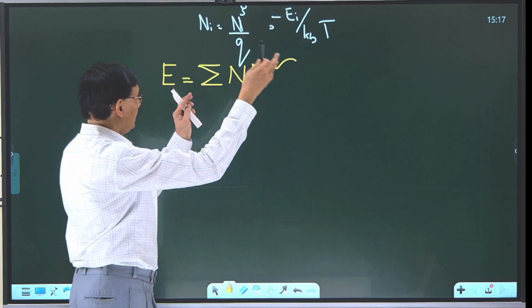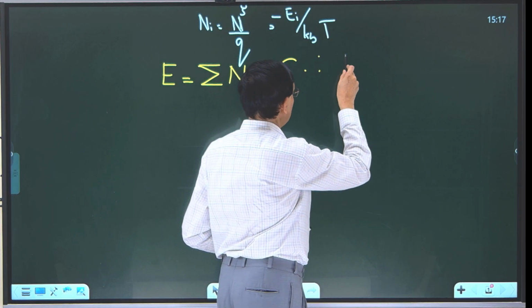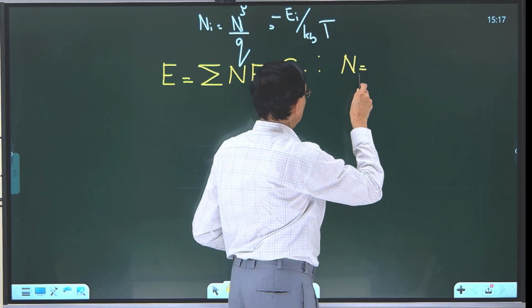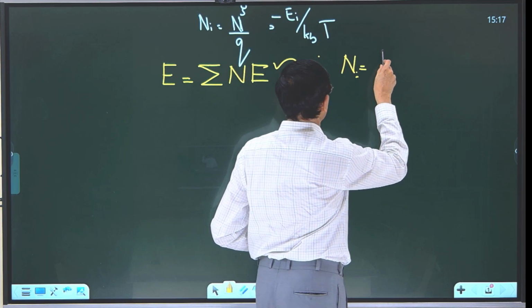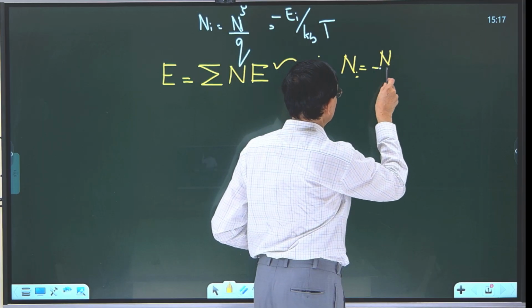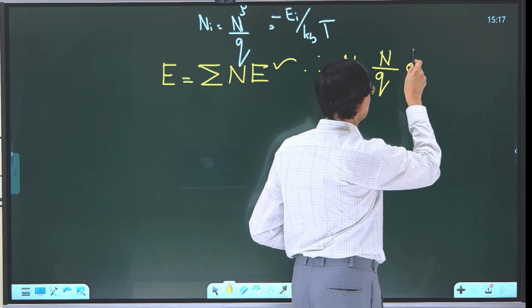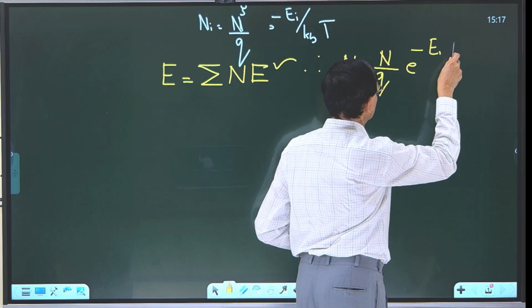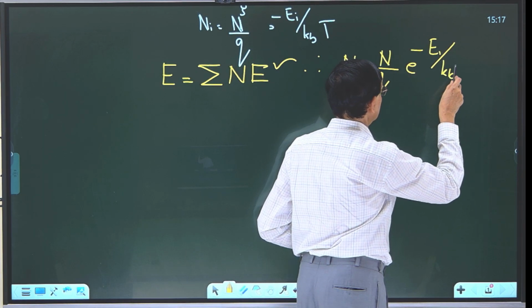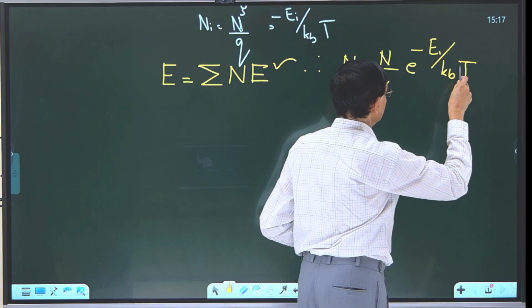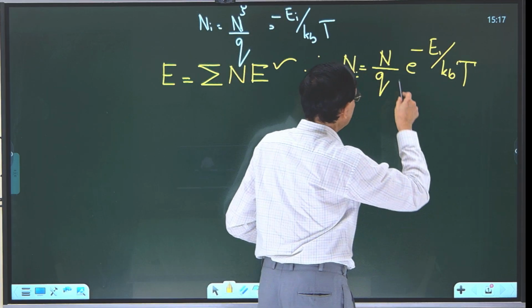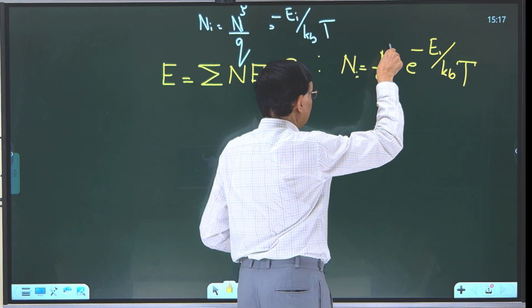And from the partition function formula we have derived Ni is equal to N divided by Q exponential minus Ei by kBT. Because N0 by G0 in place, we have written this.